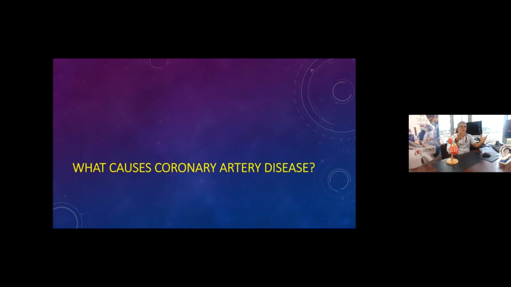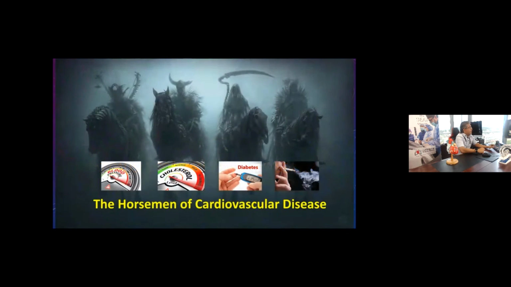So now you know how common heart disease is and how likely you are to die from it. You need to know what causes coronary artery disease. These are the big risk factors for coronary artery disease: high blood pressure, high cholesterol, diabetes, and smoking.